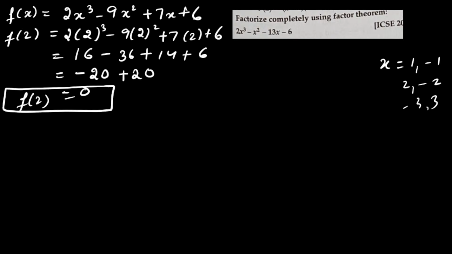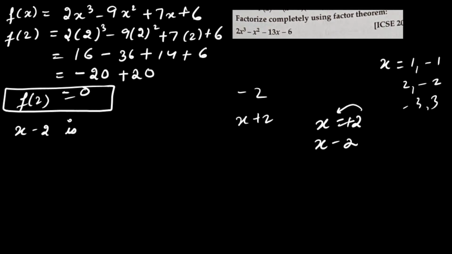So remember, if f of 2 is equal to 0, then x minus 2 is a factor. Opposite: if you are getting minus 2, then x plus 2 is a factor. Like we have found x value equal to 2. With x value equal to 2, when 2 we shift to this side, this positive 2 will change to negative 2. Like this you have to see.